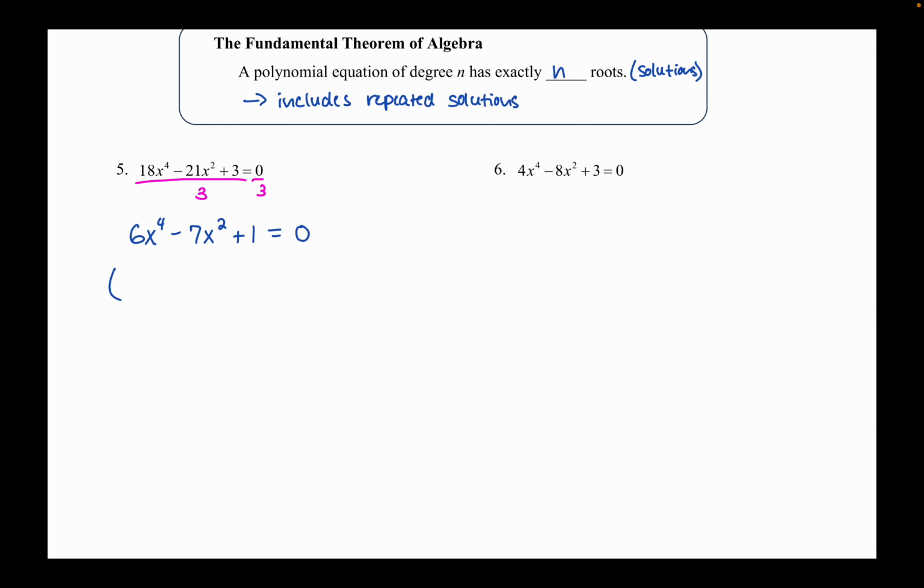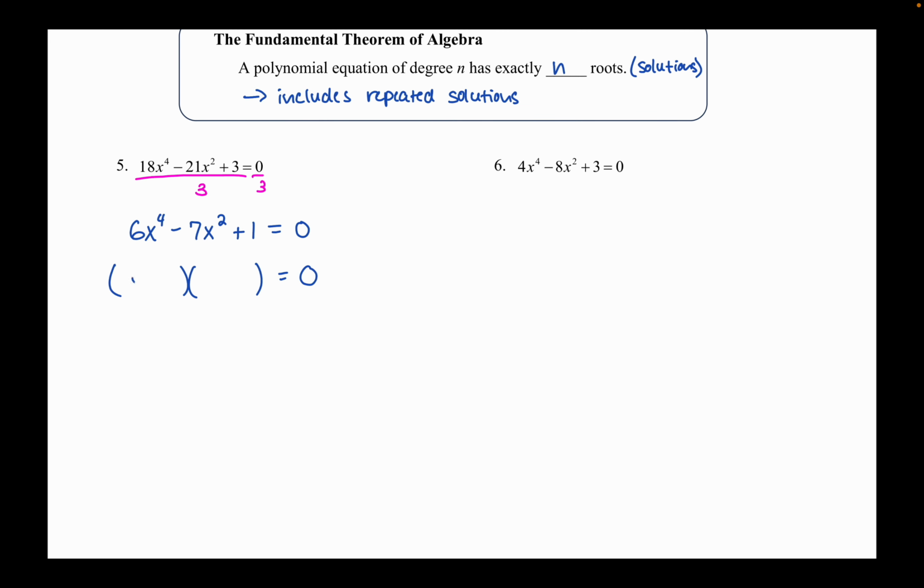This is going to factor just like a quadratic factors. I know, however, that it's going to have x squareds instead of just x's. My a value here is 6, so it's not 1, so we have to take a moment to figure out how to factor this. I notice that my c value is 1, so the last 2 terms in both of my factors have to be 1.